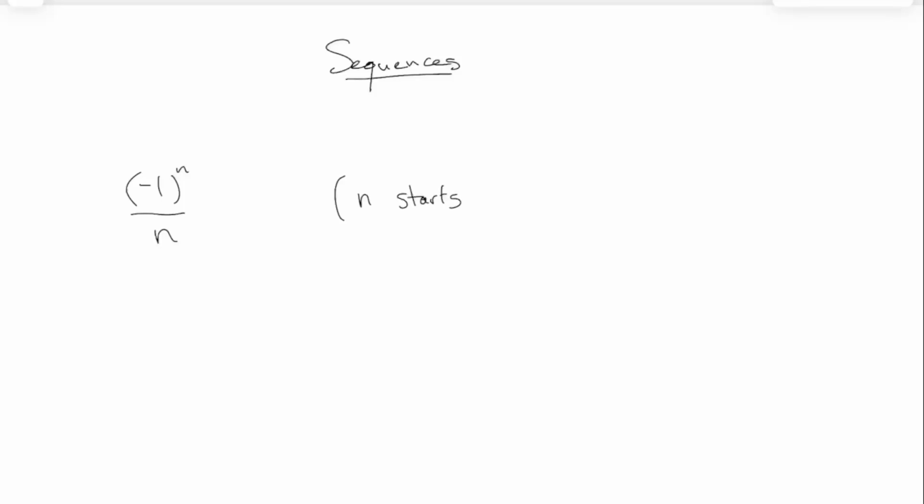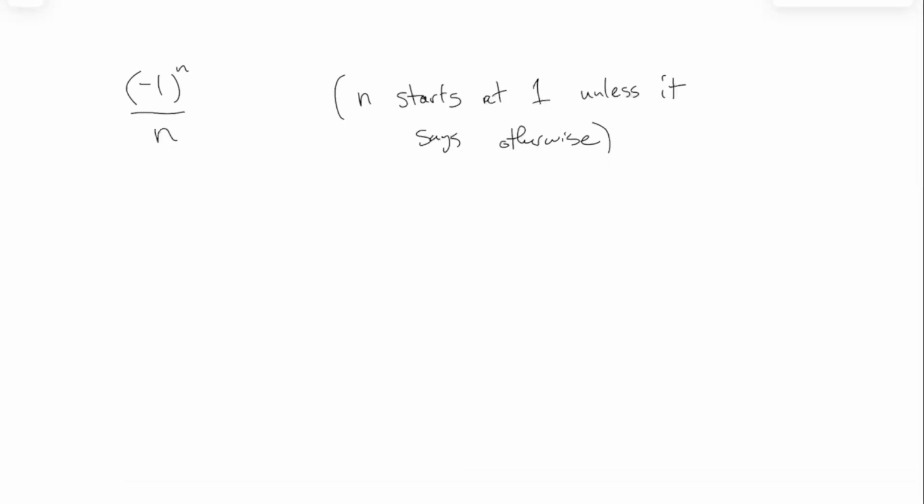If you look in our book, n starts at 1 unless it says otherwise. When you just write a sequence like this by itself, it's kind of ambiguous whether it starts at 1 or 0, although you can tell on this one it has to start at 1 because 0 wouldn't make sense to plug into the denominator.